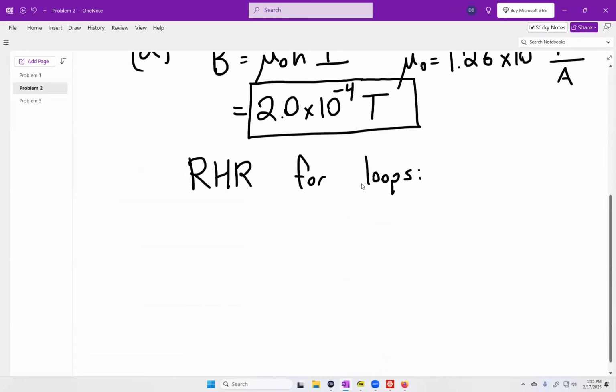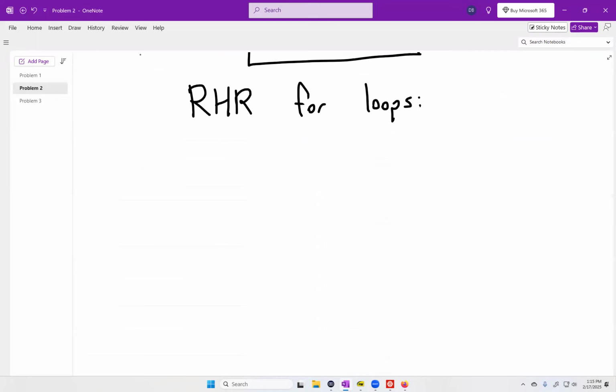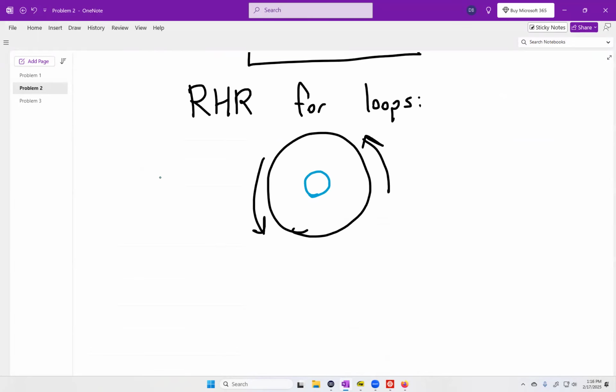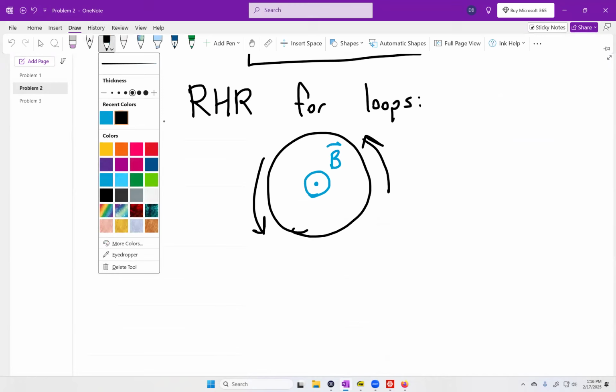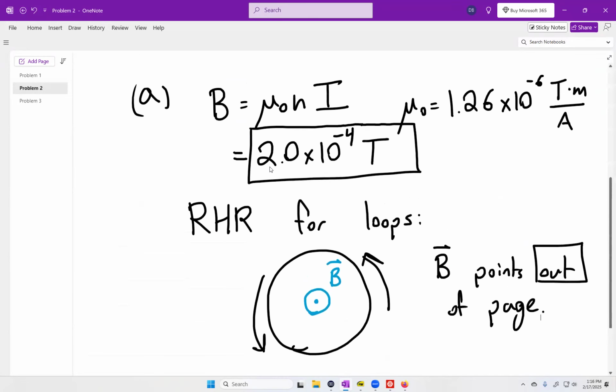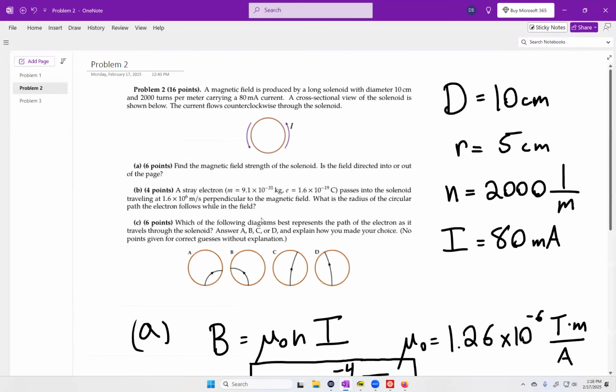My thumb points out of the page, and so that's the direction of my magnetic field. All right, that part is pretty straightforward.